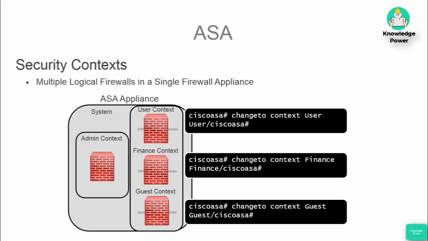Once you change to a context, you can manage the virtual firewall configuration. For example, if you wanted to add an access list to your finance virtual firewall, you would change to that context's configuration and then configure it just like you would a completely different firewall.